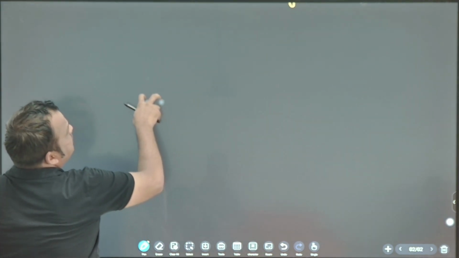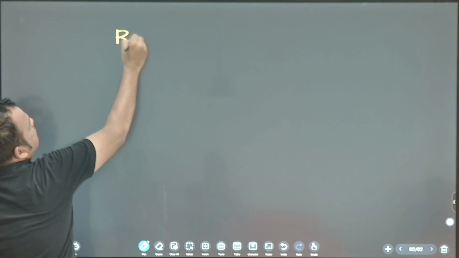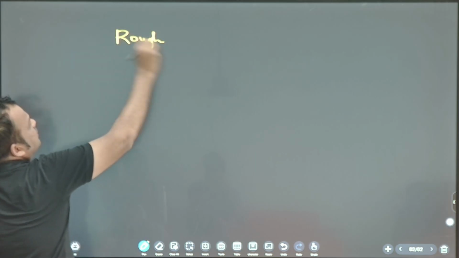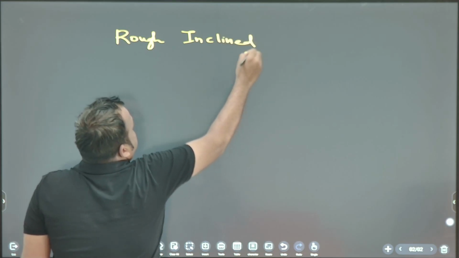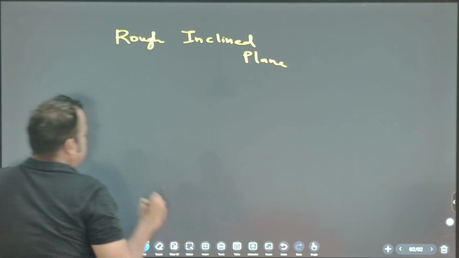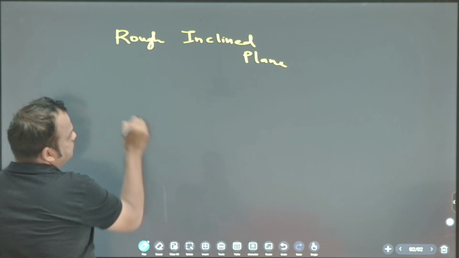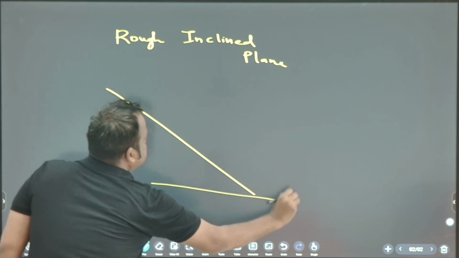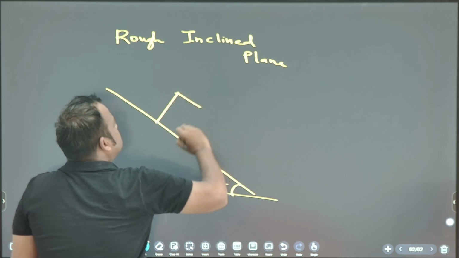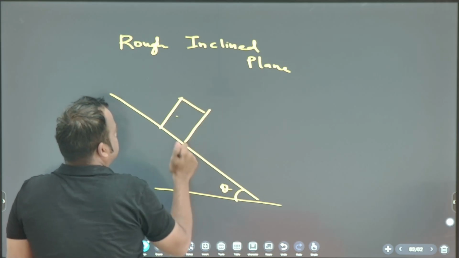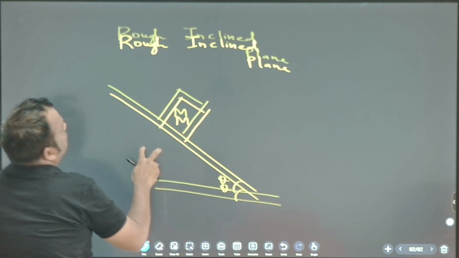When it is a rough inclined plane, you have to consider friction. So suppose this is the inclined plane and this is the block.